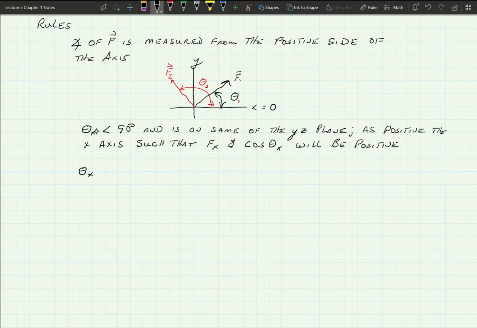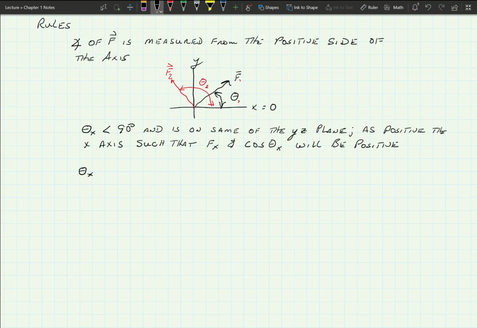I'm sorry, I said theta x is greater than. It's actually theta x is less than 90 degrees and is on the same side of the XYZ plane as the positive x-axis, such that Fx and cosine x will be positive.